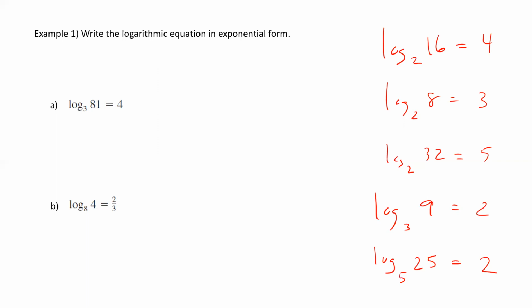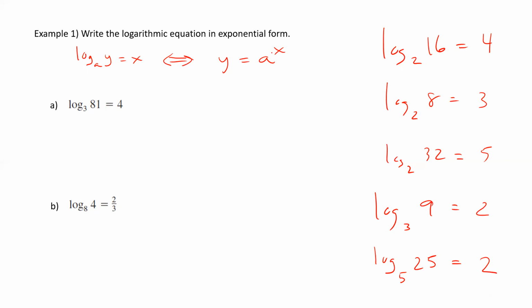I'm going to write the equation on top. It's log base a of y is equal to x. And that translates, going both ways, into y is equal to a to the x. So we have to be able to work from one form to the other, backwards and forwards. Notice where your a's are. A becomes the base of your exponent. The y becomes what the expression is equal to, and the x becomes the exponent itself.